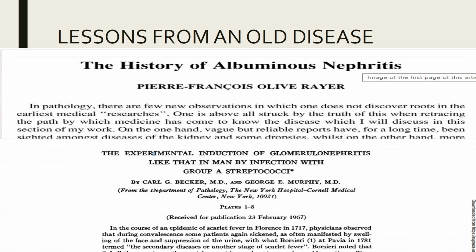Very interesting paper. And then the second paper actually has a very interesting literature review, which again reviews the history of how finally people realized that patients that had suffered from scarlet fever had this latency period before they developed their dark urine, and some of them stopped passing urine.